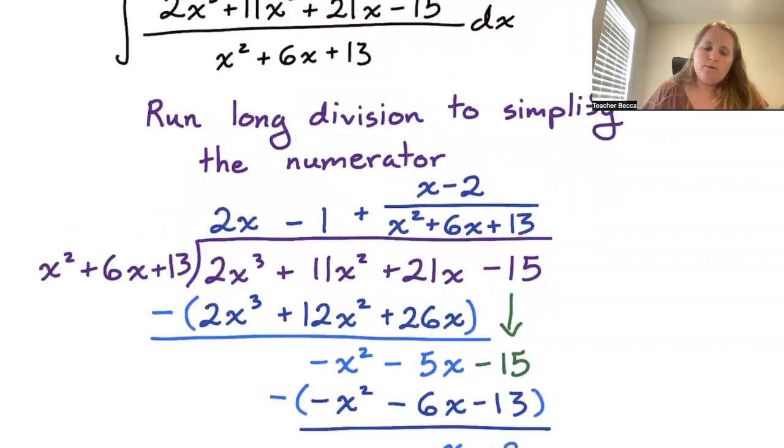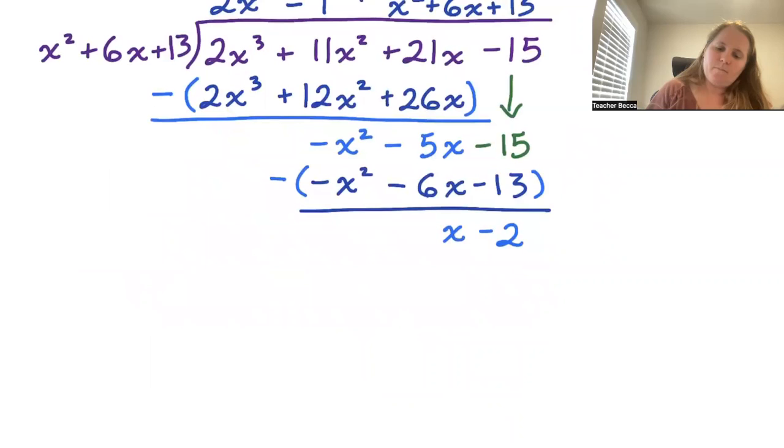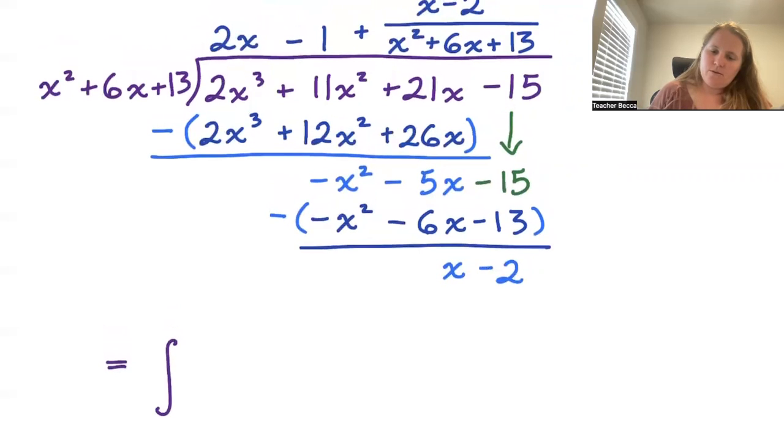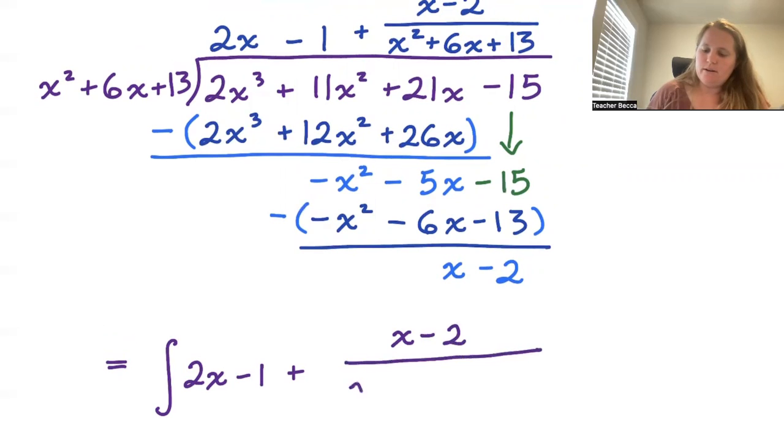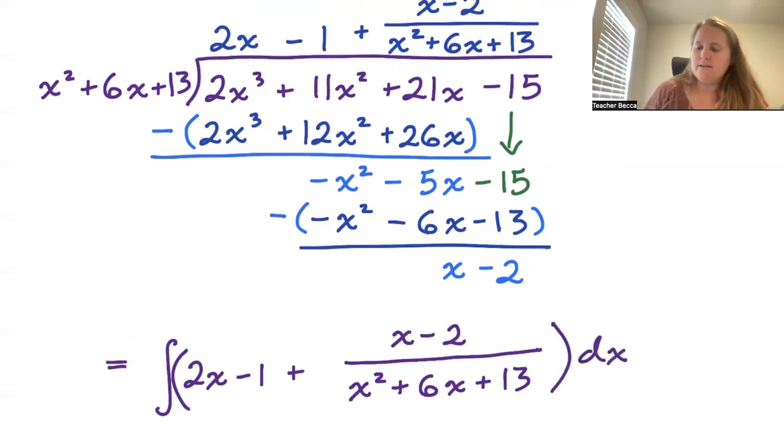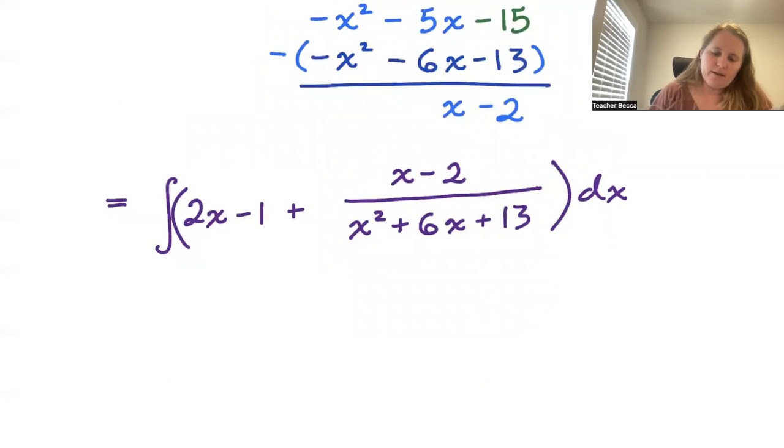So our integral now becomes the integral of 2x minus 1 plus x minus 2 as our new numerator over x squared plus 6x plus 13, then dx. 2x minus 1 is quite simple to integrate, so we can split this up.